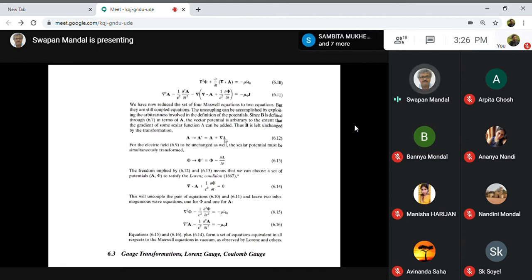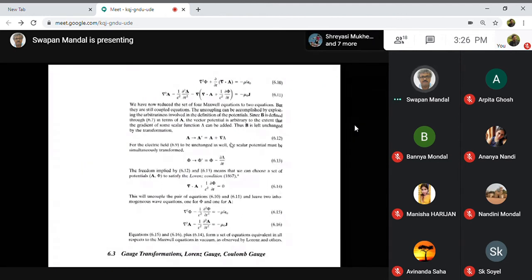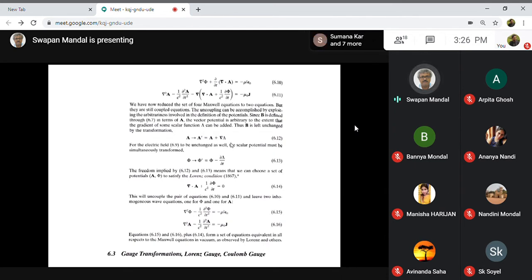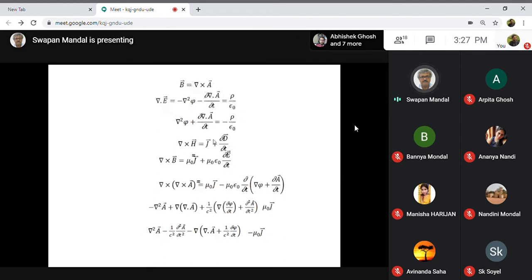But you will ask, what about the electric field? Electric field is also related with the vector potential. So you have to be careful. While you are changing the vector potential, electric field will get changed. What is the definition of electric field?